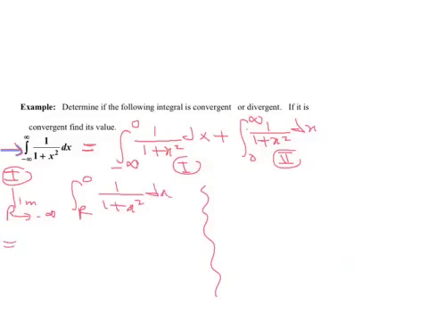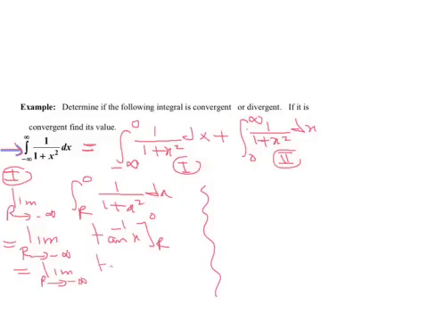which is equal to the limit r goes to minus infinity, integration of 1 divided by 1 plus x squared is tan inverse x from r to 0, which is equal to the limit r goes to minus infinity.